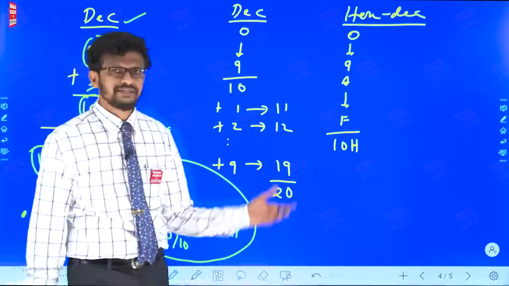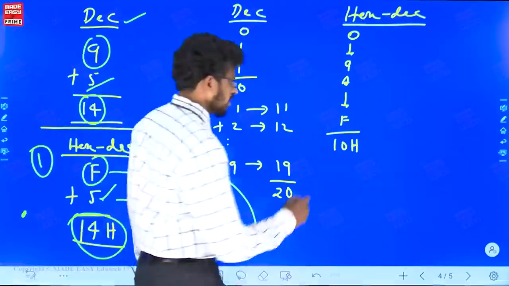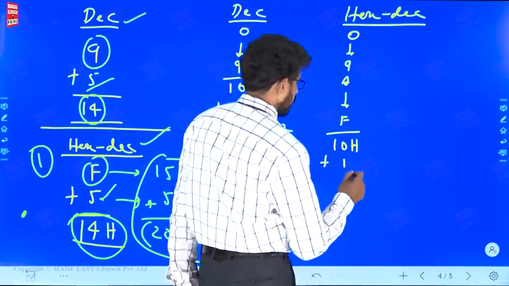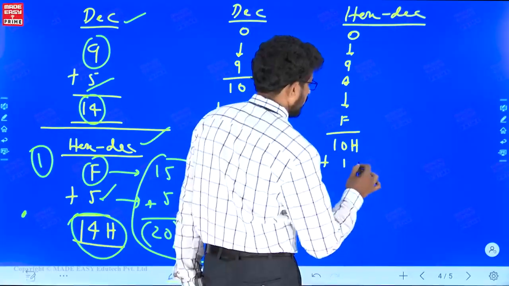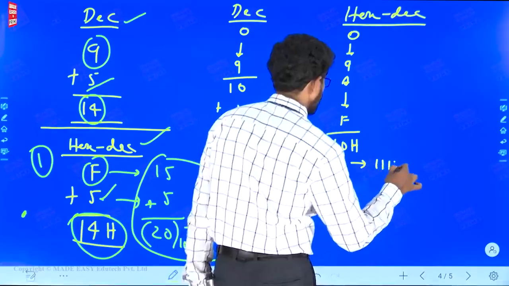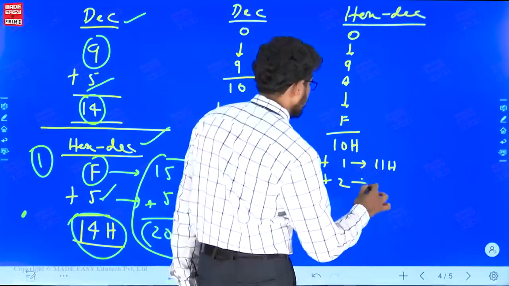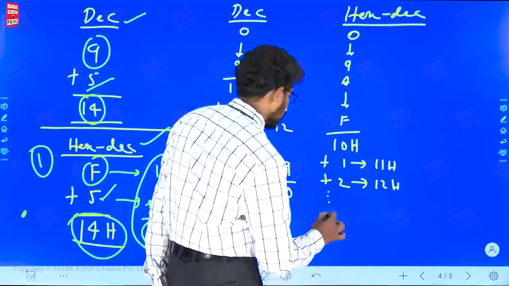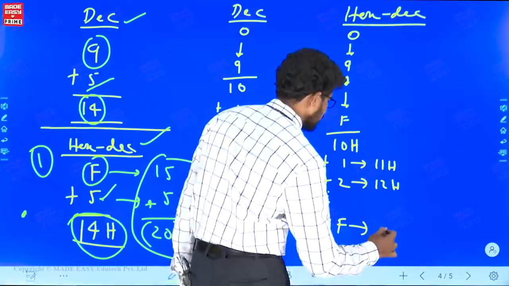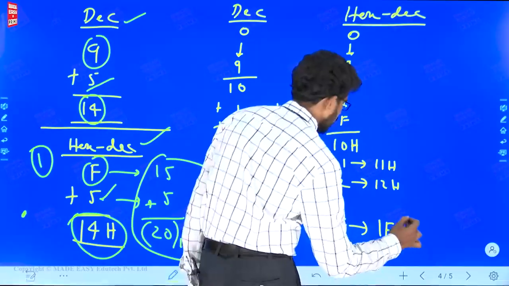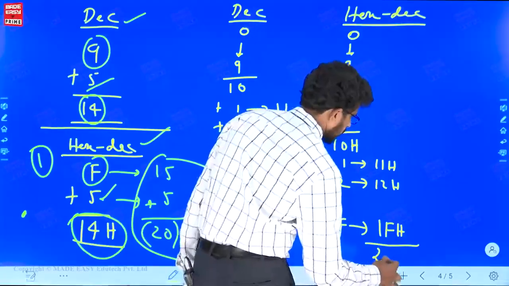Obviously it is 0 to F. It means that 10H plus 0 is 10H, 10H plus 1 is 11H, 10H plus 2 is 12H, and so on, etc. 10H plus F is 1F.